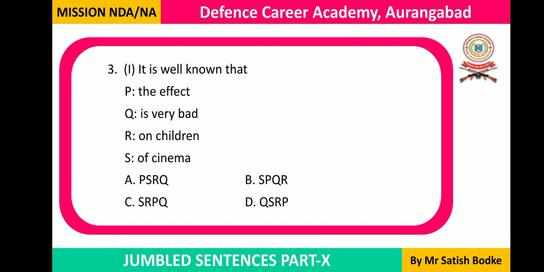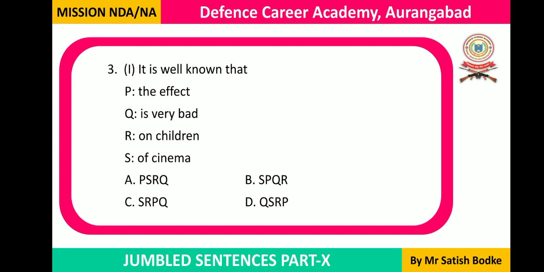The sentence starts with a clause: "It is well known that". Here "it" is the non-referential subject, and "is" is the verb. "That" is a conjunction which introduces a new clause. It is well known that the effect of cinema on children is very bad.